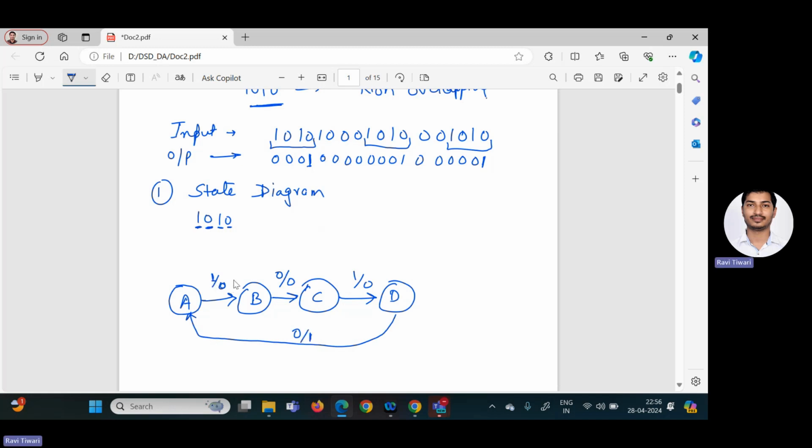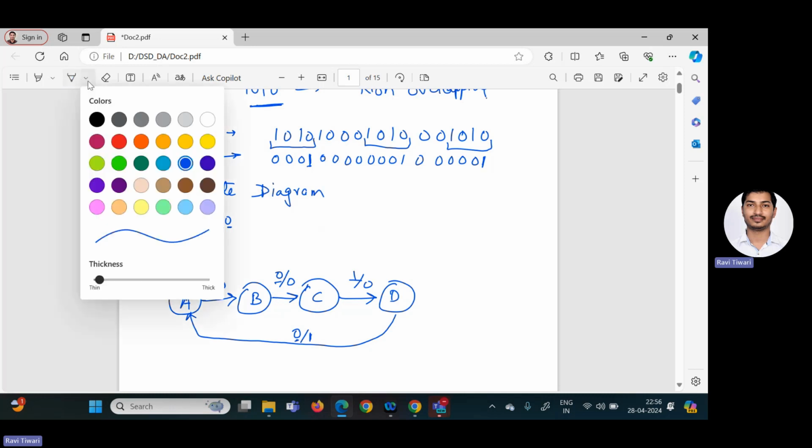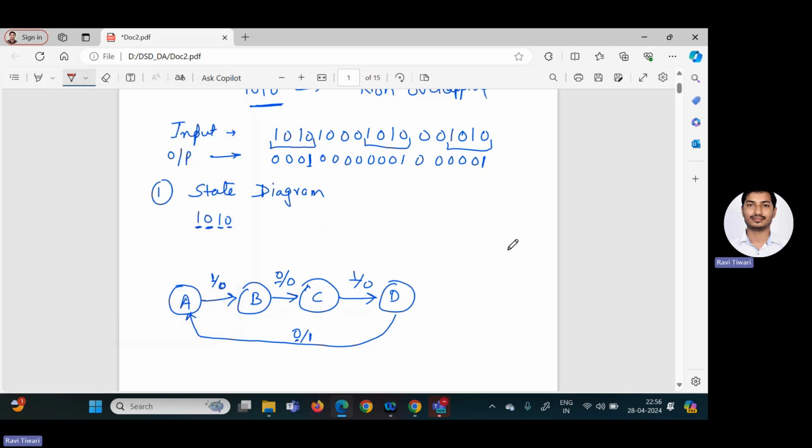When you receive 1010, then only you have to come back to the initial state in case of non-overlapping. Now, whatever we have seen is true when we see only the correct pattern. But what will happen if you are having wrong bits input? If you are in the state A, there is a chance of two types of input, either 0 or 1.